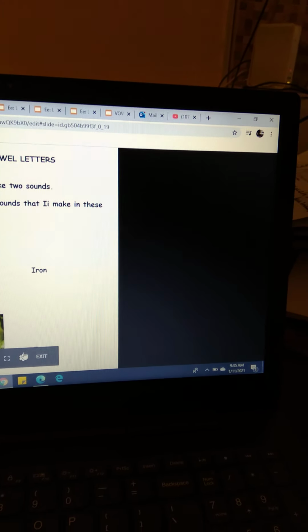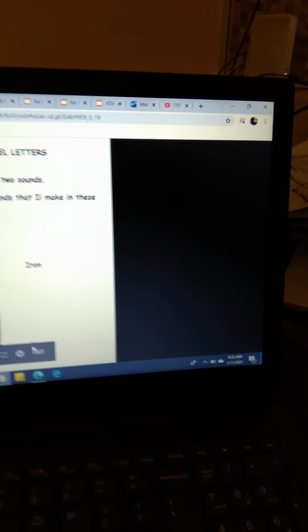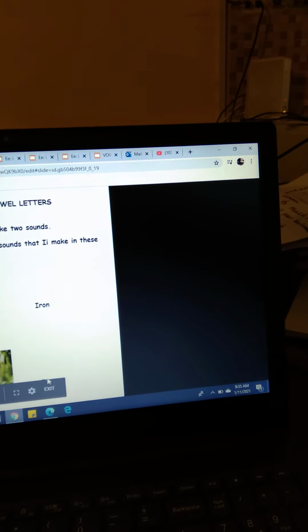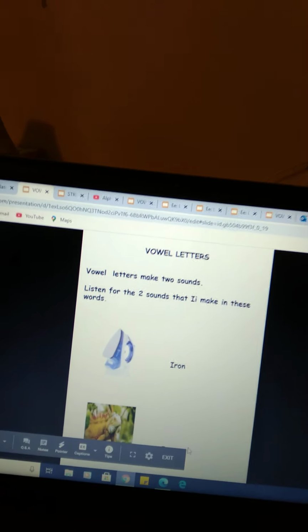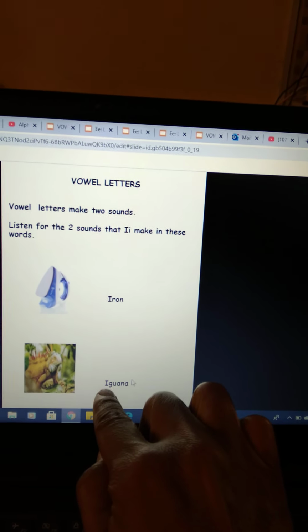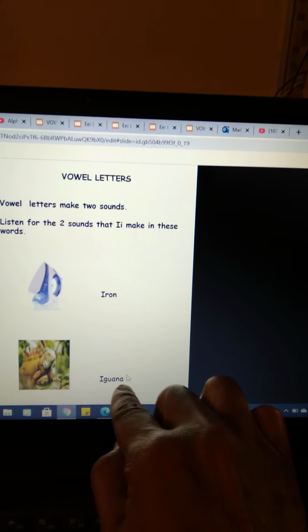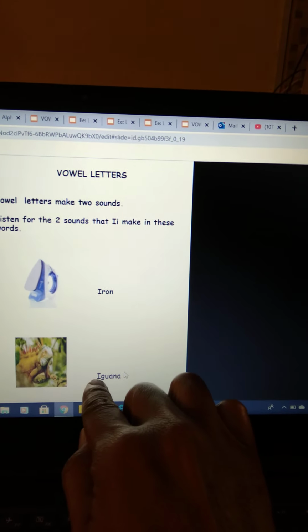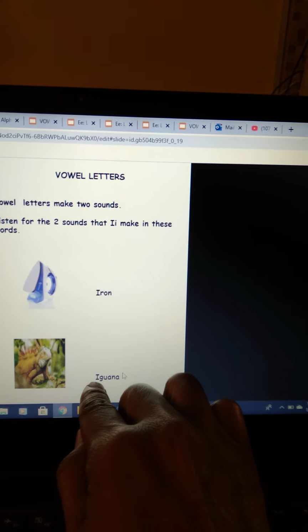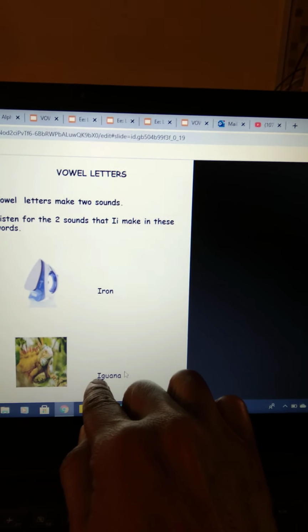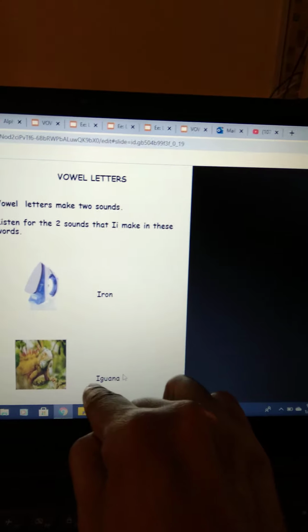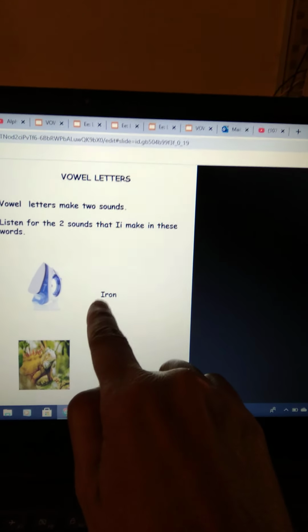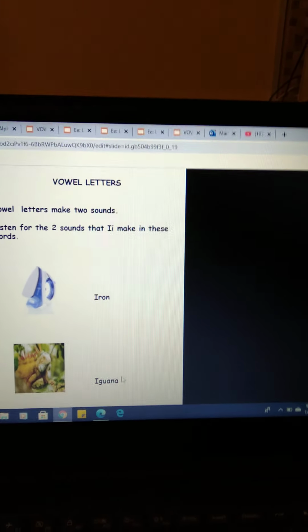Anyhow, there's an I there, and when I point the arrow, it says iguana. What sound are you hearing this I making? Is it saying its name, or is it making a different sound? Yes, it's not saying I, it's saying eh. So sometimes I can say I, and sometimes it can say eh.